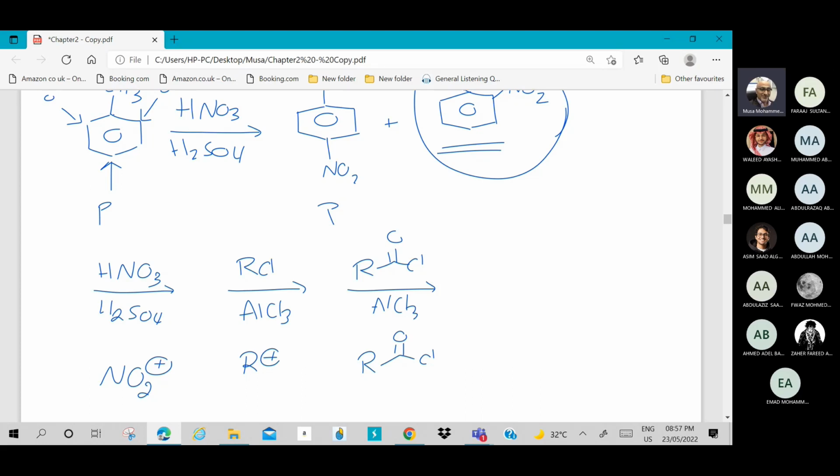Now there is no direct reaction for hydroxylation. Okay, and for amine formation, this generally comes from reduction.